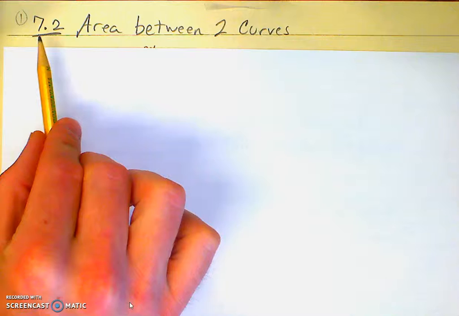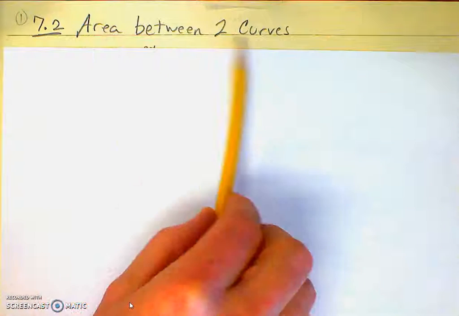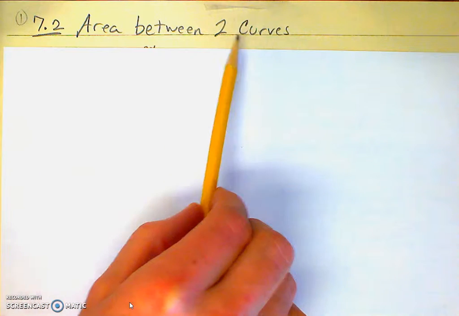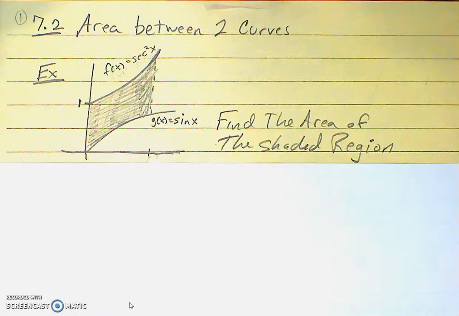All right, so we're in section 7.2. We're looking at area between two curves and how we can calculate that. So we start off with this example of these functions here.